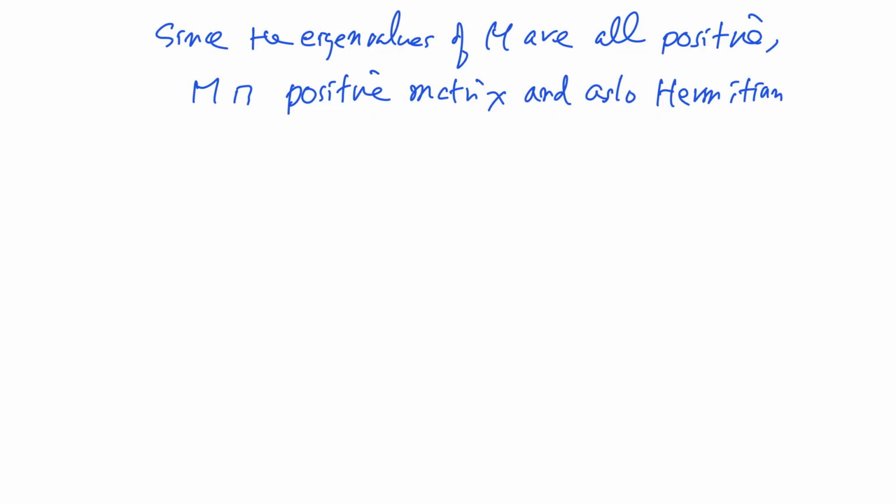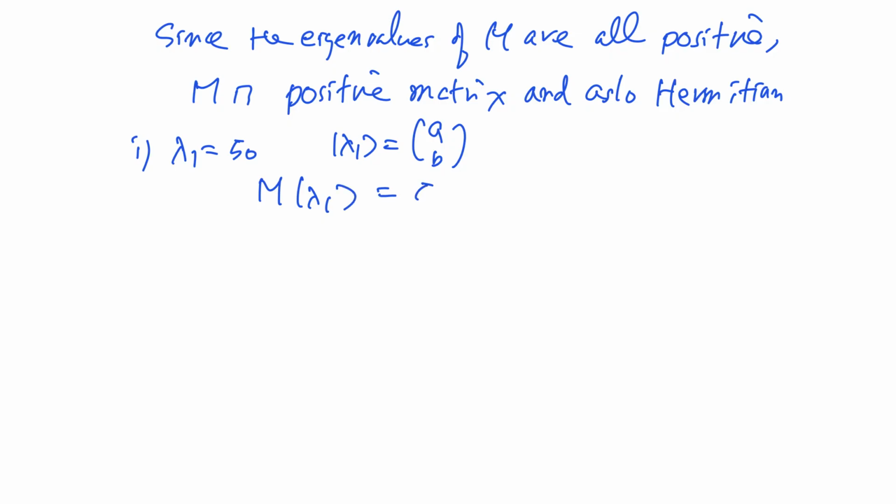Let's try to find out the eigenvector. So say lambda 1 is 50. Then M acting on a, b is 50 times a, b, right?